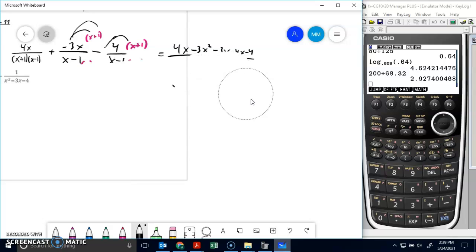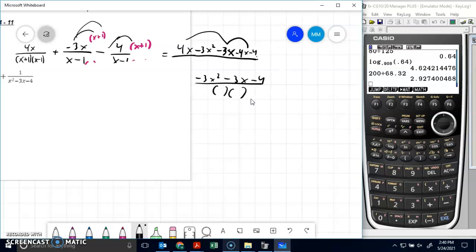Right, let me go back to this point right here. So when I combine these like terms together, I have negative 3x squared. When I put all three of these x's together, I end up with minus 3x and then the minus 4, and all over that common denominator of (x plus 1)(x minus 1).